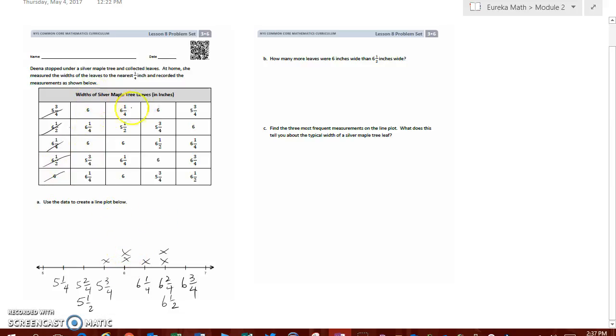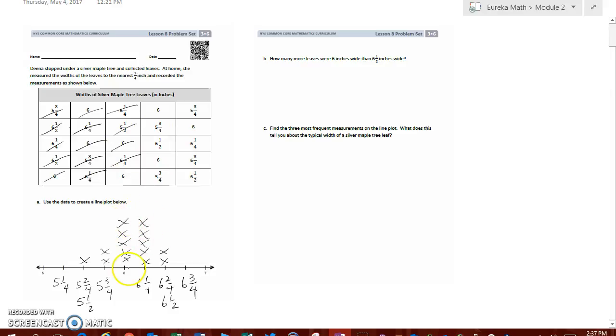So we've got a 6, 6 and 1/4, another 6. 5 and 3/4. Remember, I want my first row, my second row, all those to line up the best I can. 6 and 1/4. 6 and 1/4. 5 1/2. That's the first one there. 6. 6 and 1/4. 6.